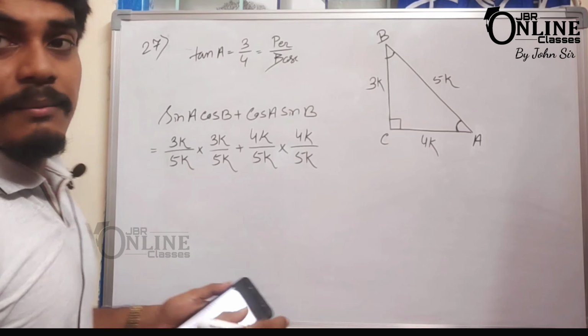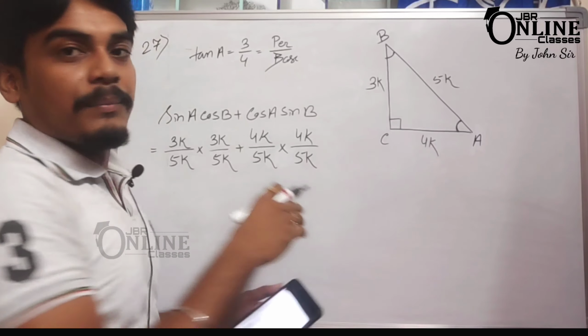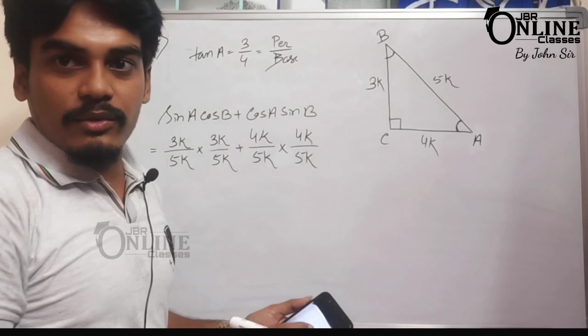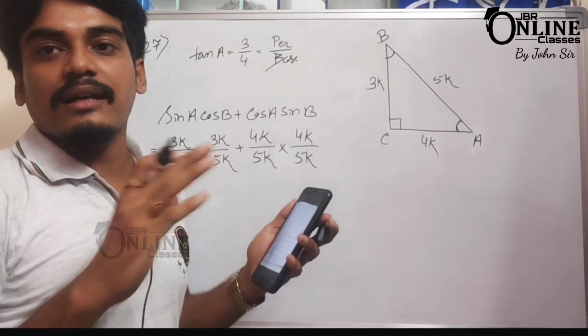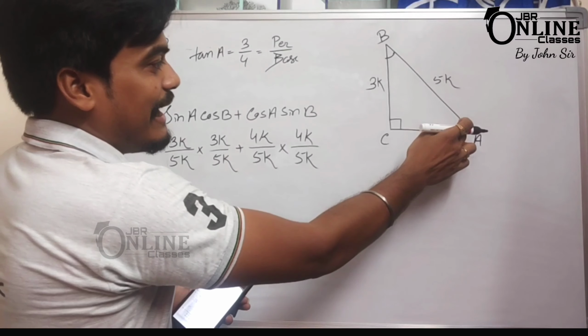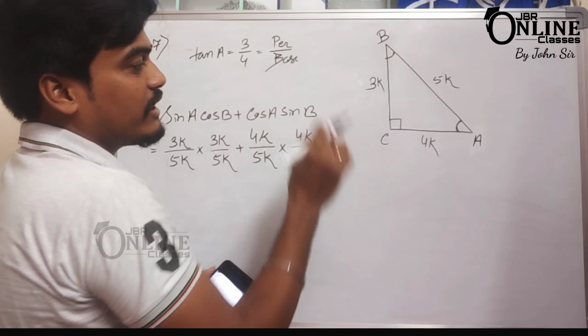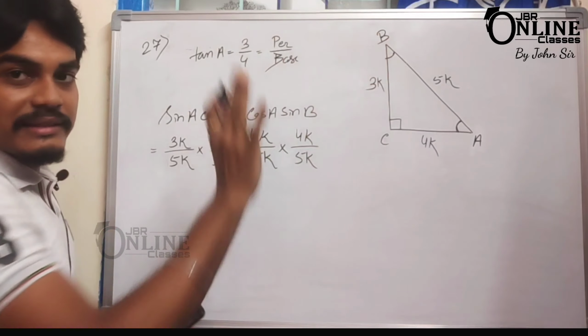Always remember that if the angle is changed, then the perpendicular and the base also change. The side opposite the required angle is the perpendicular, the side opposite the 90 degree is the hypotenuse, and the third one is the base. If A is the required angle, then BC is the perpendicular. If B is the required angle, then AC is the perpendicular, and the hypotenuse always remains the same.